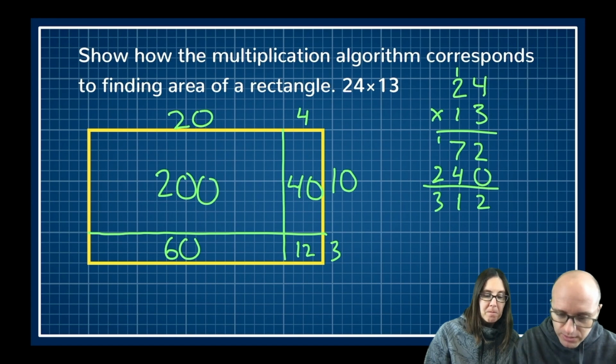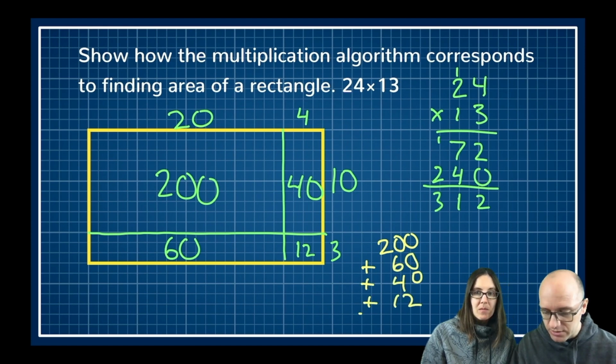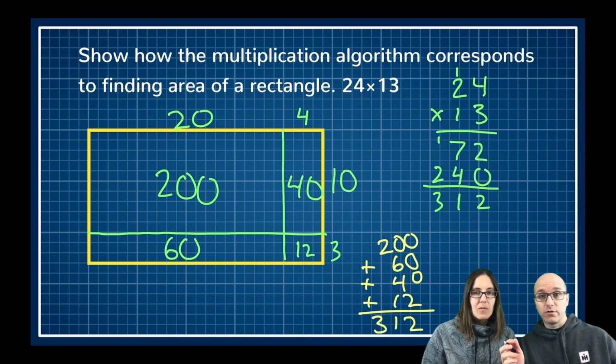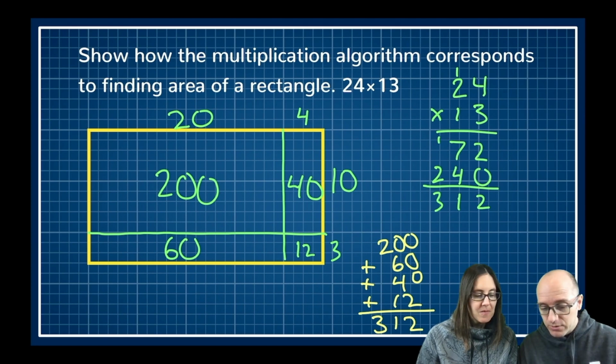So really quickly, if we add those up, 200 plus 60 plus 40 plus 12, sure enough, that adds up to be 312.